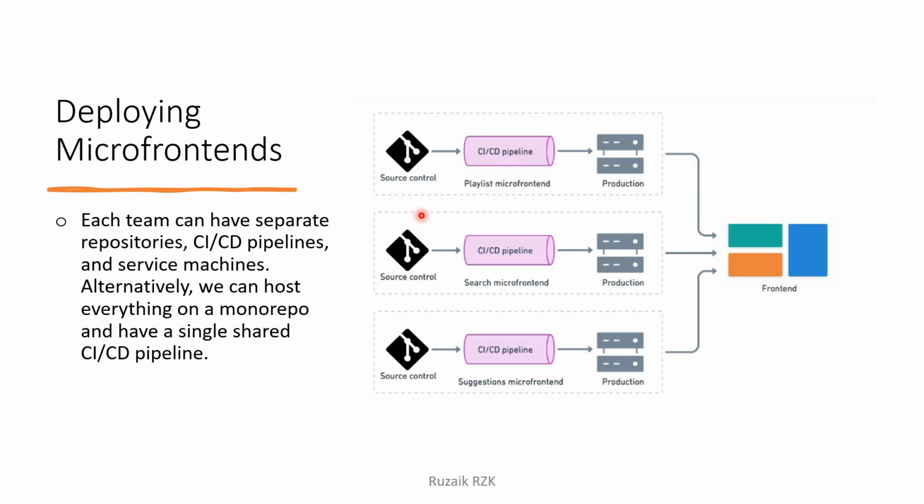Finally, when we develop those micro frontend apps separately, they will be plugged into the main shell app. This is the production. The main shell app is the production application, but in this shell application there are three separate micro frontend components. The development is done separately, and the source control and pipeline builds are done separately. This is the basic idea about deploying micro frontends.